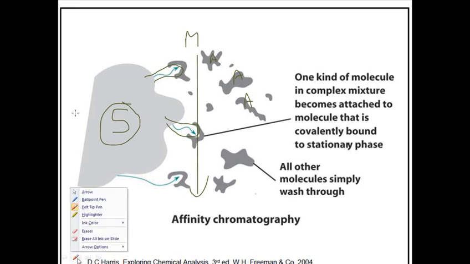For example, let me change the color. We have antibody number 1, antibody 3, antibody 4, antibody 2. Antibody number 1 and 2 have the specific regions to bind with this type of antigens which are present in the stationary phase.